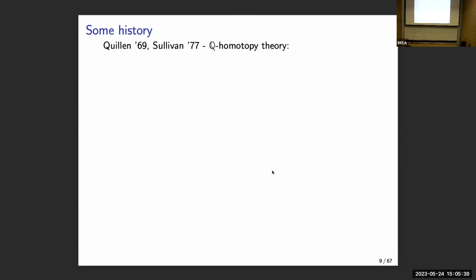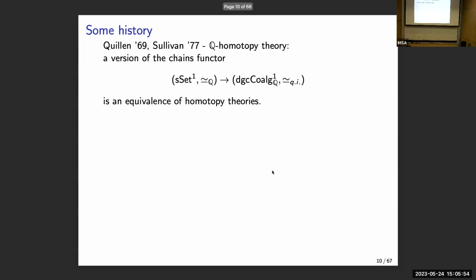So let me start with some history. Where has this question been explored, in what context? The first context is rational homotopy theory of Quillen and Sullivan. This is Quillen's formulation of rational homotopy theory.